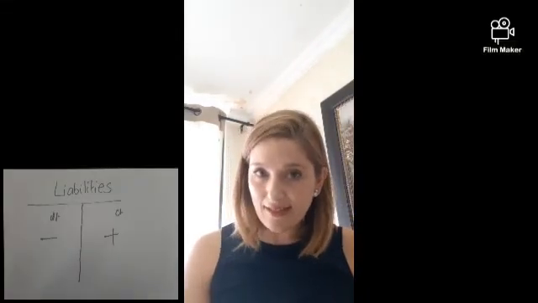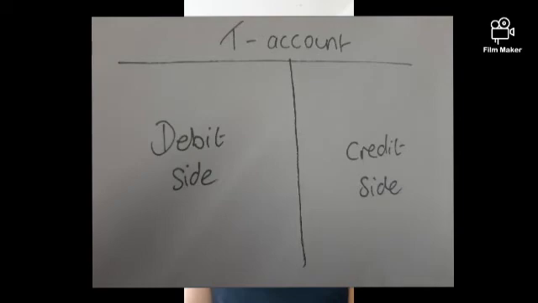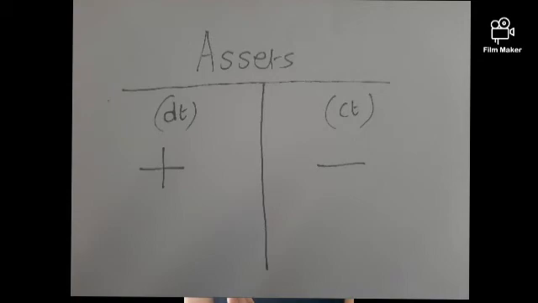All your assets are debit plus, credit minus. Now you might ask me, ma'am, but what is the debit side and what is the credit side? If you have the T account in front of you, your left-hand side is your debit side, your right-hand side is your credit side. So assets are debit plus, credit minus. It means, let's say I buy land and buildings, which is an asset.